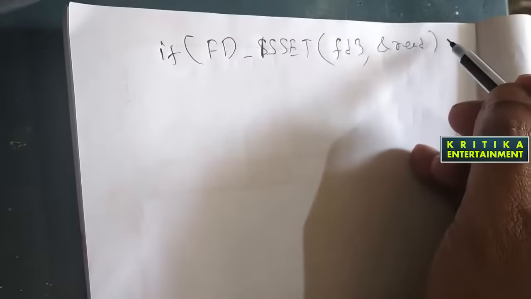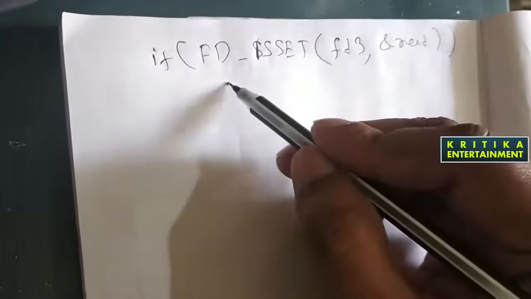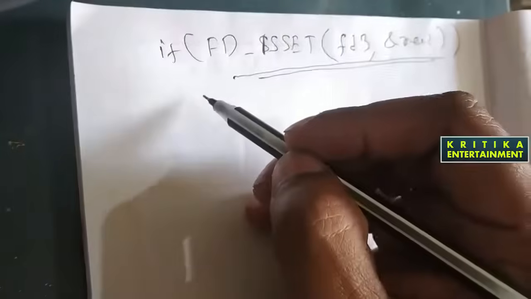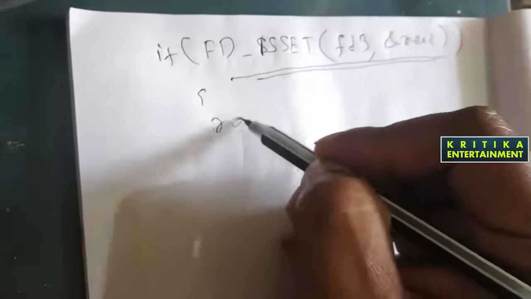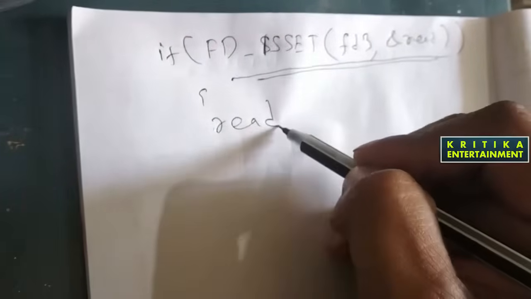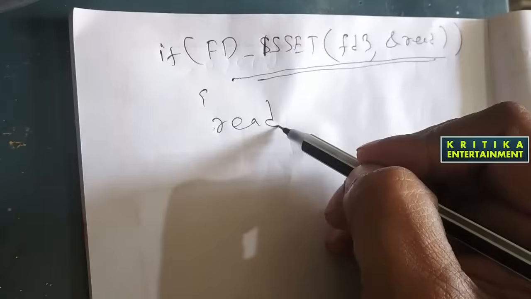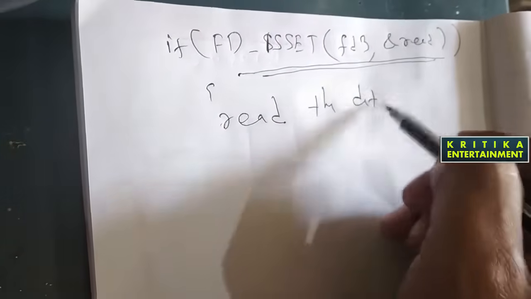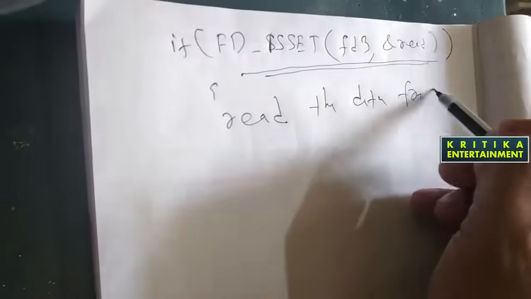If data is available, it returns true. Then here you can write the function to read the data again from client 3.